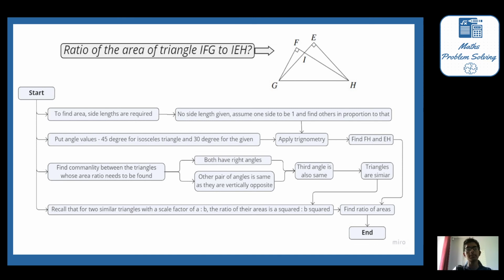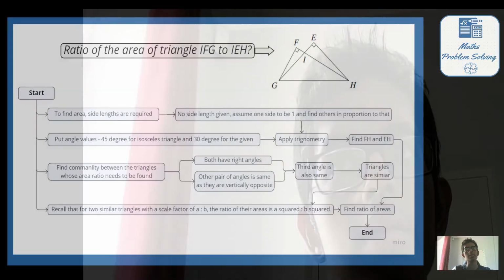We applied some trigonometry and worked out that sine 30 was the ratio between GH and FG. We found FG and EH, and we used the area scale factor to side length scale factor concept, and that's how we solved the question.